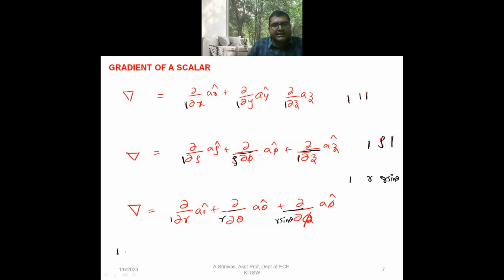And let v be a scalar, then del v is equal to, you can simply substitute v in Cartesian, cylindrical and spherical coordinates.